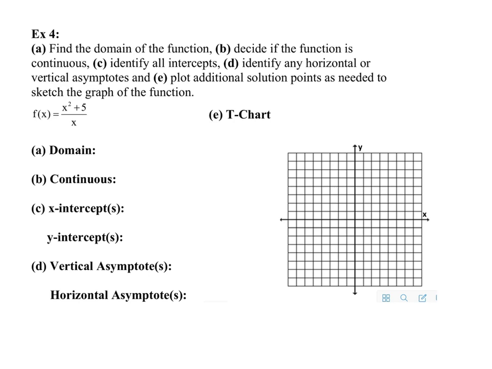Domain, once again, all real numbers except what makes the denominator 0. So x cannot be 0. All right, continuous, nope. X-intercept, set y equal to 0. And I get x squared plus 5 over x equals 0.